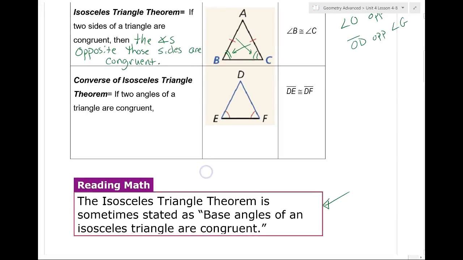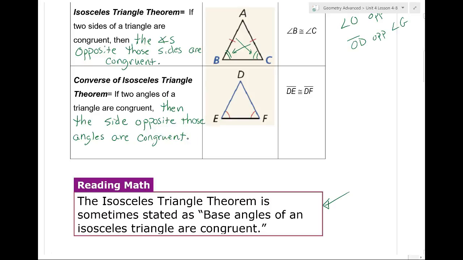But then we also have the converse of this. The converse of the isosceles triangle theorem says, instead of starting with the sides, we're going to start with angles, right? So it says here, if two angles of a triangle are congruent, then the sides opposite those angles are congruent.